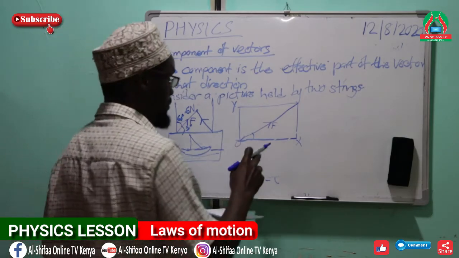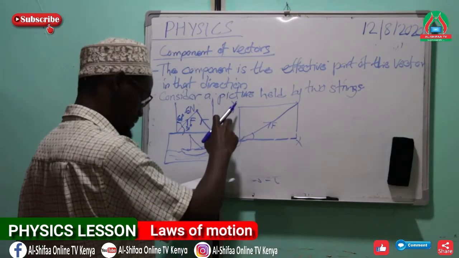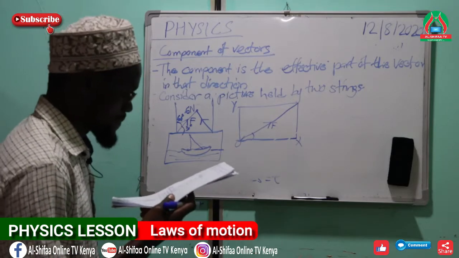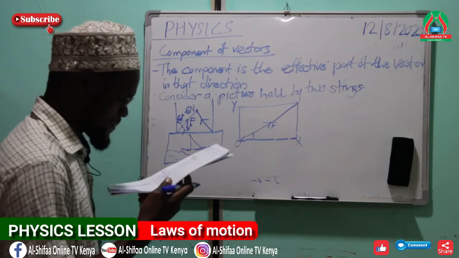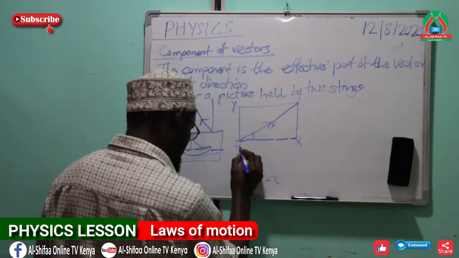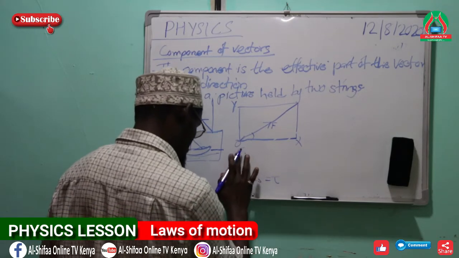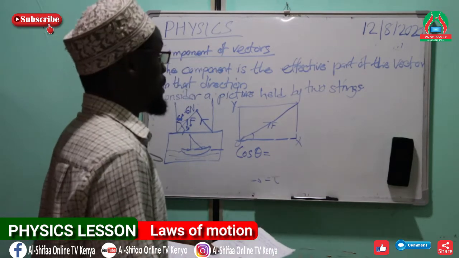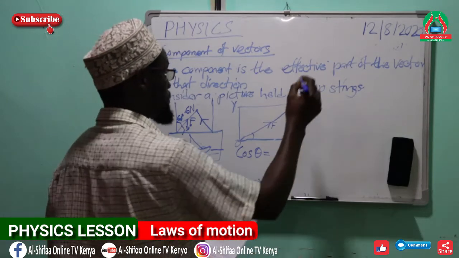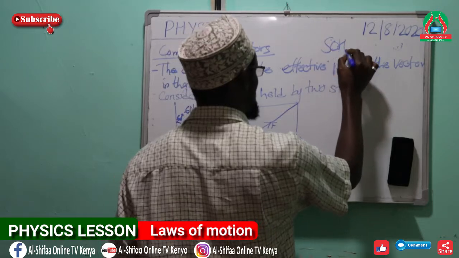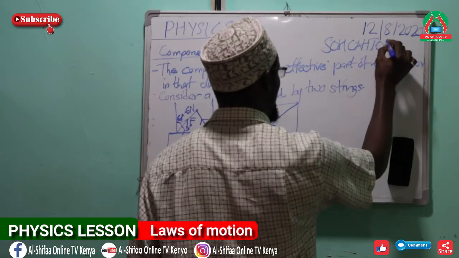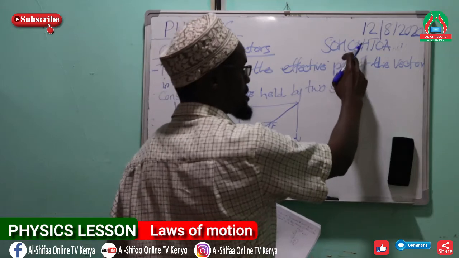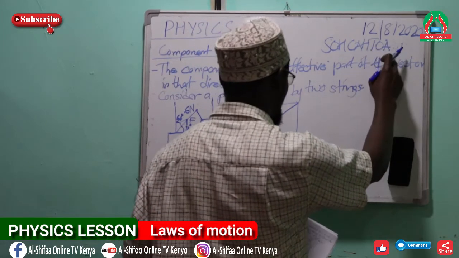So for the representation of X and Y relative to the force, we'll see from the trigonometric ratios that X can be represented using cos theta, whereby from the trigonometric representation we have SOHCAHTOA: sine is opposite over hypotenuse, cosine is adjacent over hypotenuse, and tangent is opposite over adjacent.